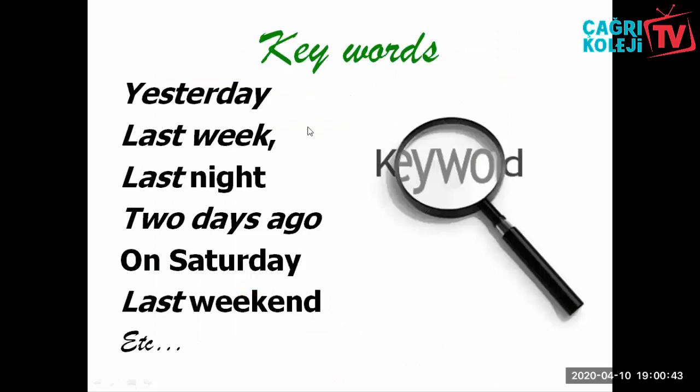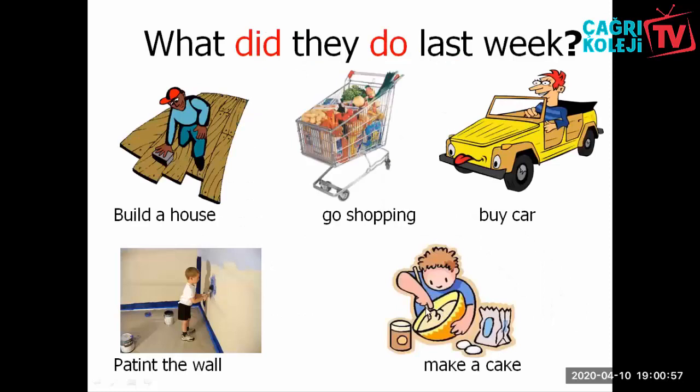Here are time expressions: yesterday, last week, last night, 2 days ago, on Saturday, last weekend, etc. We use these time expressions with the simple past tense. So look at these pictures. What did they do last week? Not this week, not next week, last week.